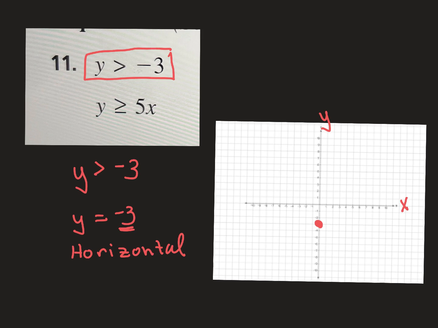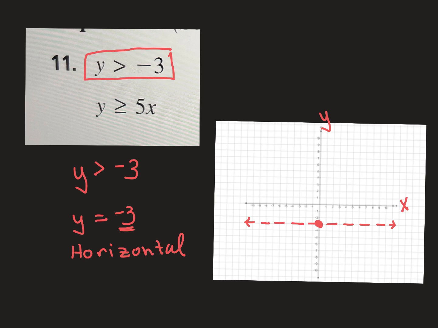What we need to do is graph the line in the opposite direction, so that's why it ends up being horizontal. So I just graph where y is negative 3, and I draw my horizontal line. I have a cool little way of remembering that y equals a number is a horizontal line, but I can get into that if you need me to.